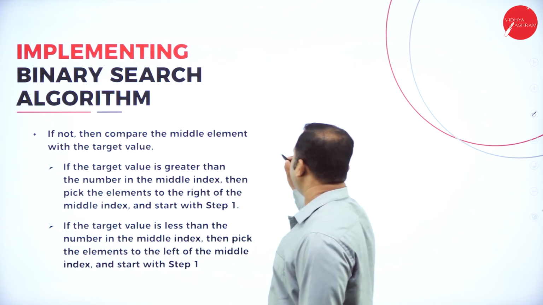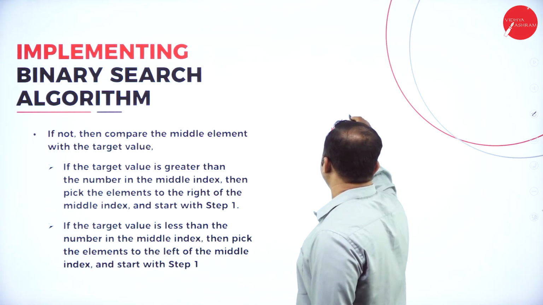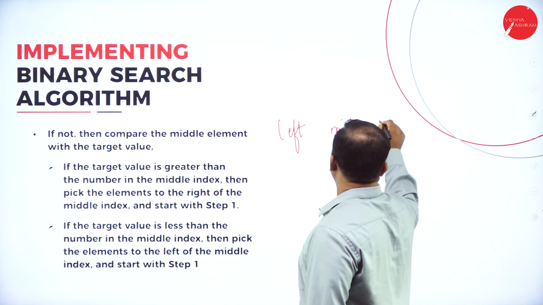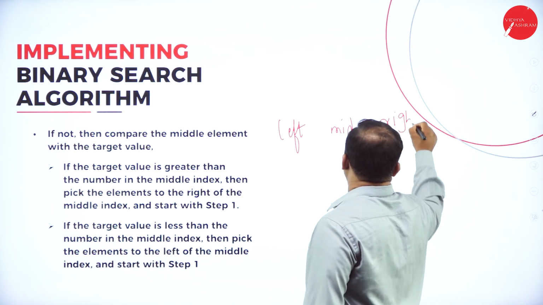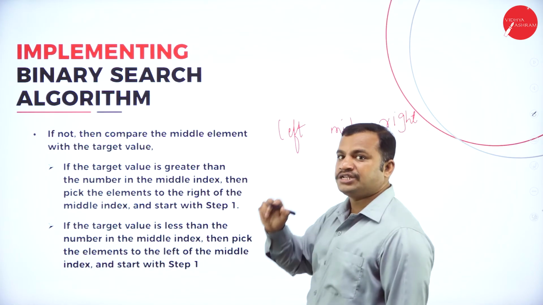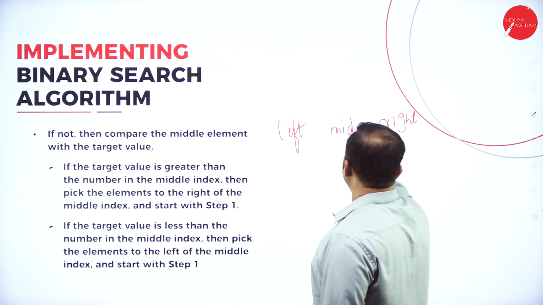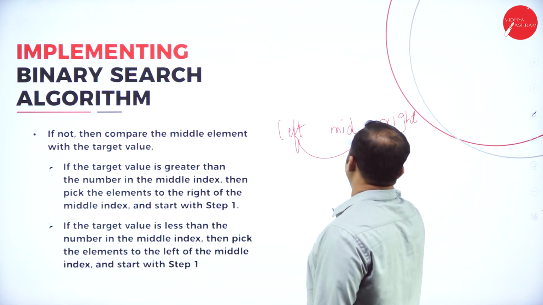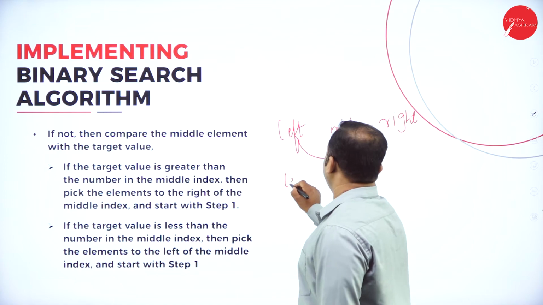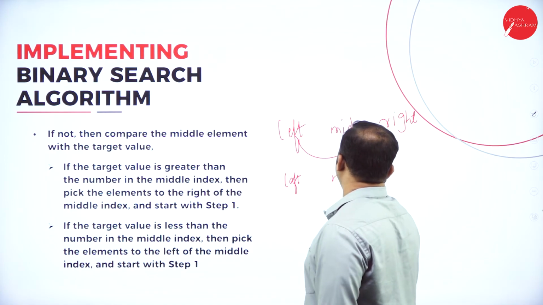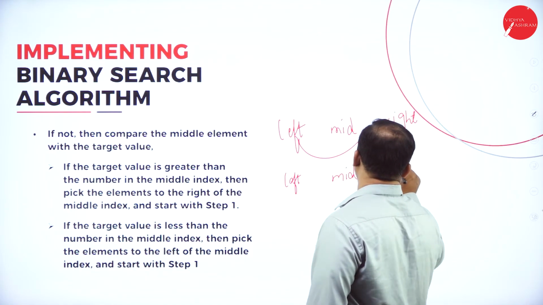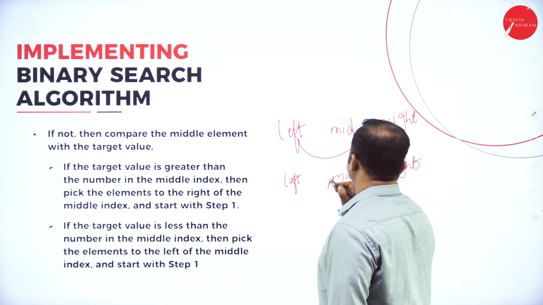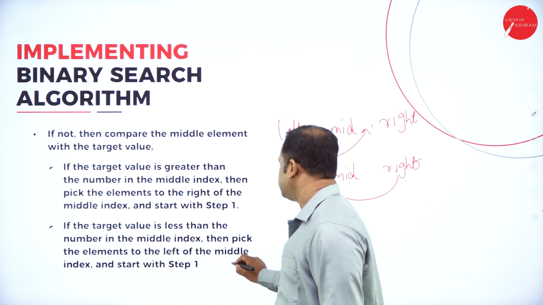Here the middle element is this, the left element is this, the right element is this. If the element to be searched is greater than the middle element, then we shift the left parameter to the mid plus 1th position. Else we shift the other parameter, that is the right parameter, from here to the mid minus 1st position. The same thing is explained here.